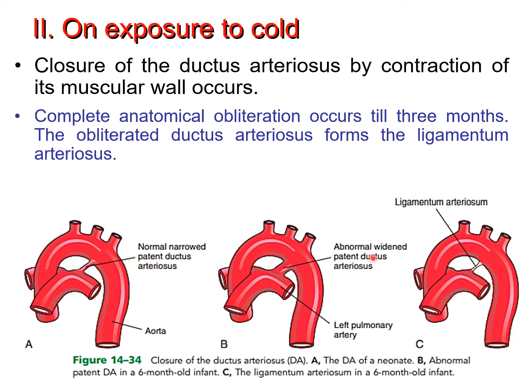This functional closure, which takes place just after birth, with the passage of time changes into a fibrous tissue structure known as the ligamentum arteriosum. Complete anatomical obliteration occurs by 3 months. Some books say that between 1 to 3 months, complete obliteration of the ductus arteriosus occurs, and ultimately it forms the ligamentum arteriosum.